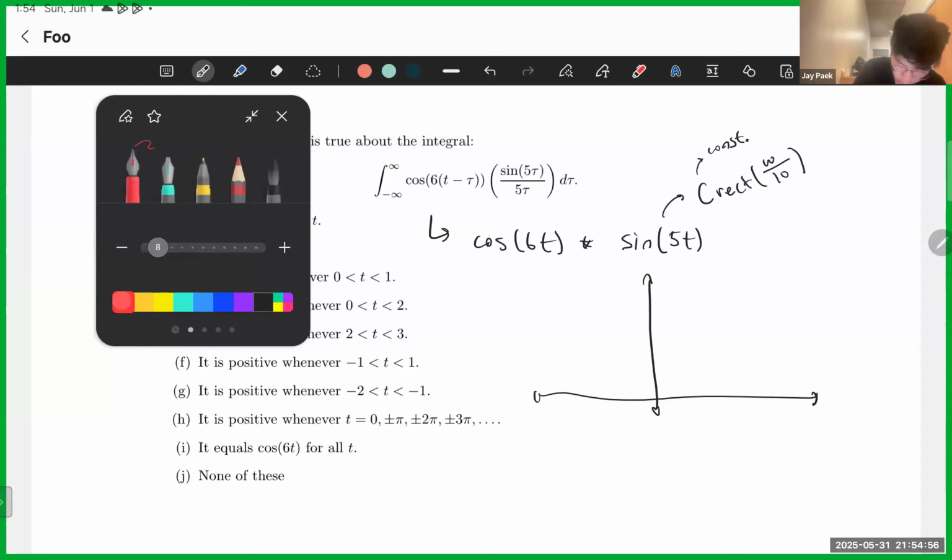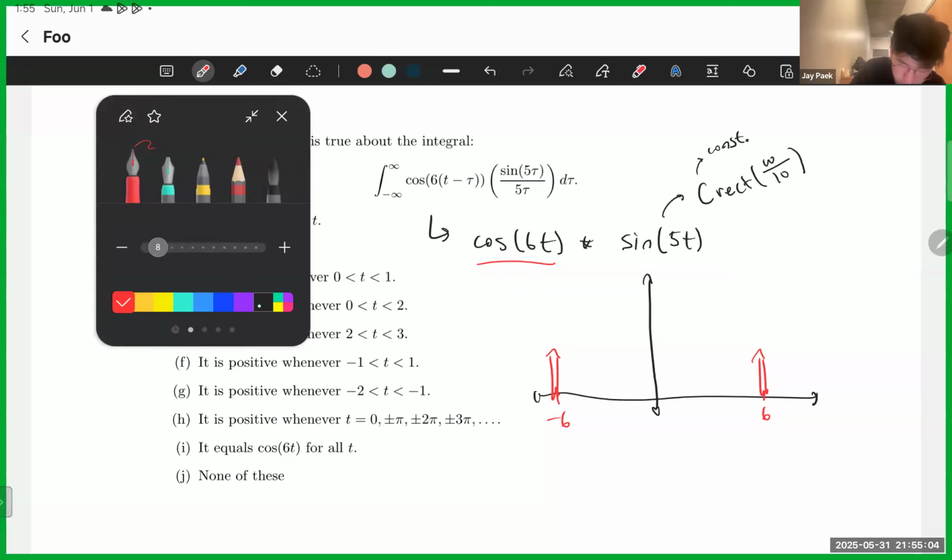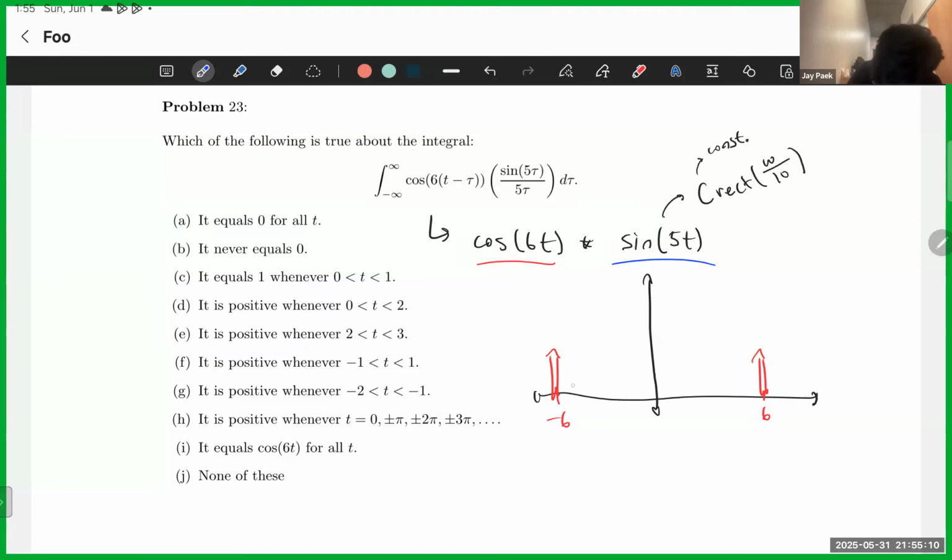And so let's actually just draw it out. Cosine 6t is just 2 delta functions, happily sitting at 6 and -6. And we're convolving it, or rather multiplying it, to the following function's frequency response. So this is all in omega, right?